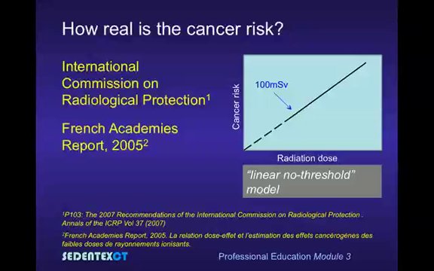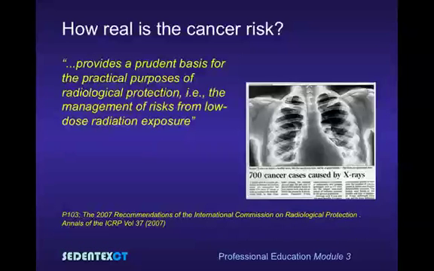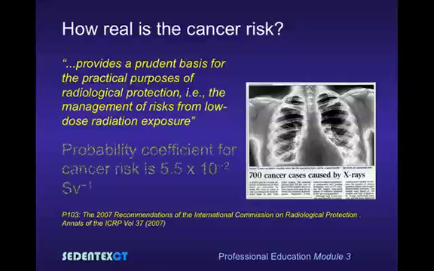Nonetheless, the ICRP, the International Commission of Radiological Protection, believes that the linear no-threshold model, in other words, no safe dose, provides a prudent basis for the practical purposes of radiological protection, that is, the management of risk from low-dose radiation exposure. Incidentally, the probability coefficient for cancer risk is believed to be 5.5 times 10 to the minus 2 per sievert. In other words, 5.5% per sievert.